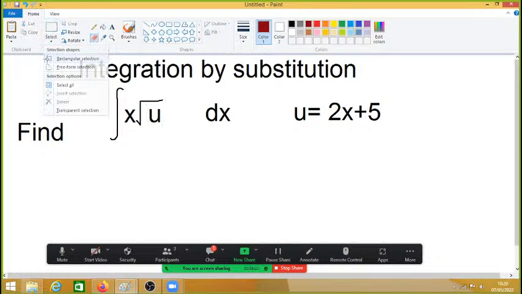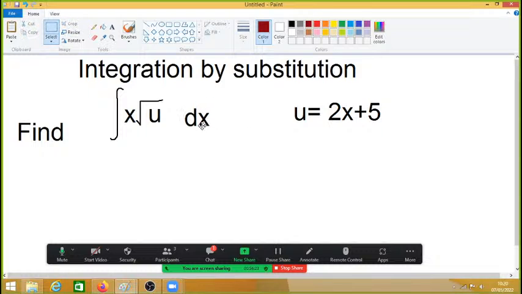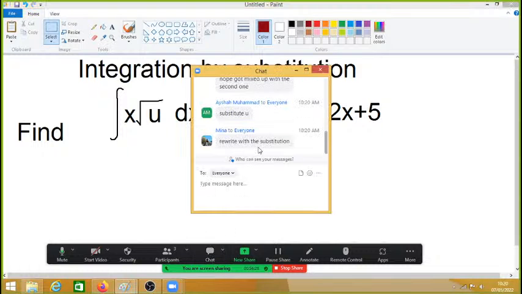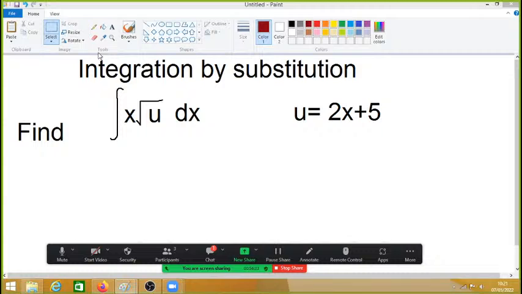Fantastic. That wasn't enough though, because I've still not got everything ready. So what happened next? Brilliant. Rearrange the substitution. So we're trying to get anything with x in it swapped for u.